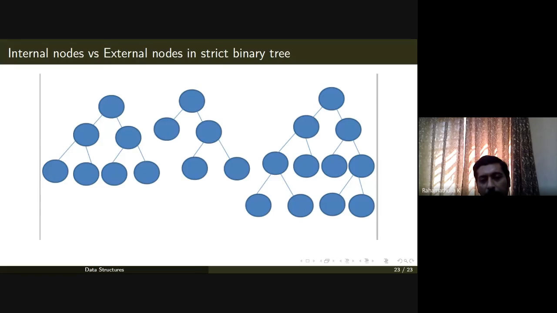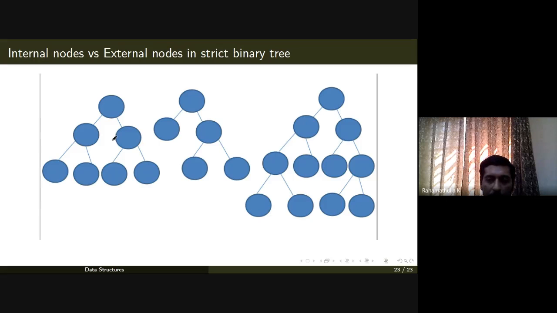The relationship between internal nodes and external nodes in the case of a strict binary tree, since we don't have nodes with degree 1: for this tree you have degree 2 nodes as 3, degree 0 nodes as 4. For another, 2 internal and 3 external. For another, 5 internal and 6 external.